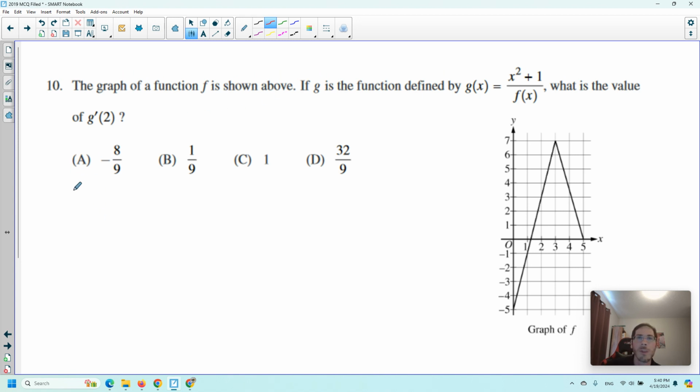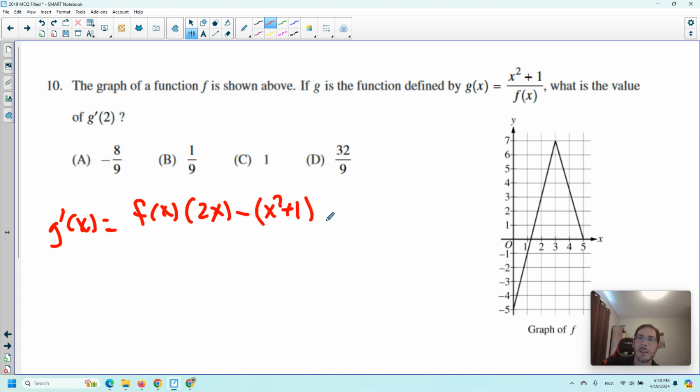We're in quotient rule. So g prime of x is low, d high. So that's going to be 2x minus, you can't really see I did the minus over here, but minus high d low, square the bottom, and away we go.